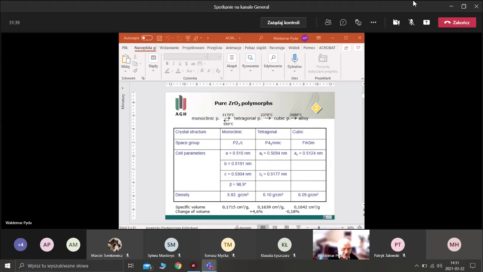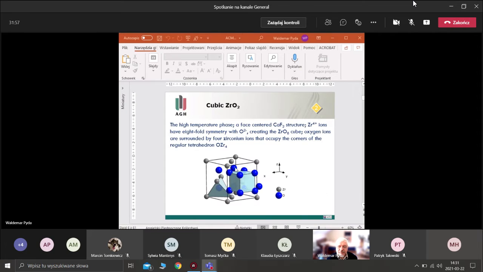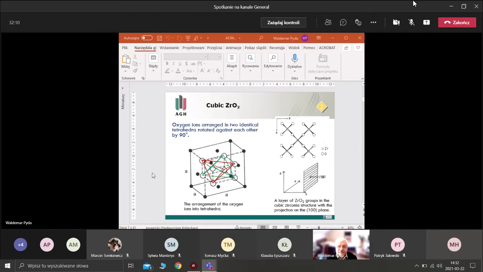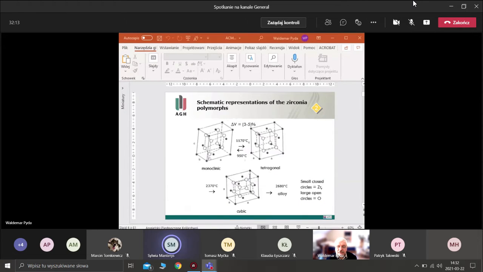Other structures, other polymorphs of zirconia. Maybe Miss Sylvia Manteris wants to characterize. Could you repeat the question? Other structures, other polymorphs of zirconia I want to characterize. So monoclinic, tetragonal, and cubic.